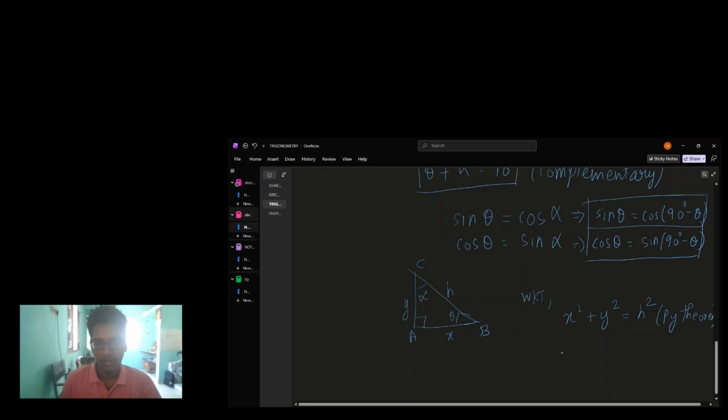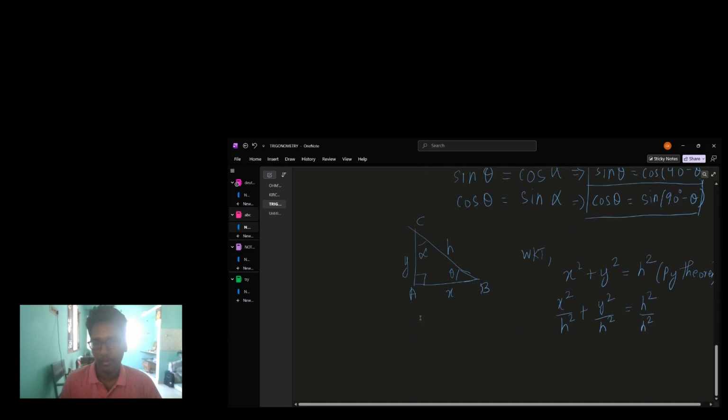I would like to divide both sides of the equation by h square. So x square by h square plus y square by h square is equal to h square by h square, which gives me x square by h square plus y square by h square equals 1.